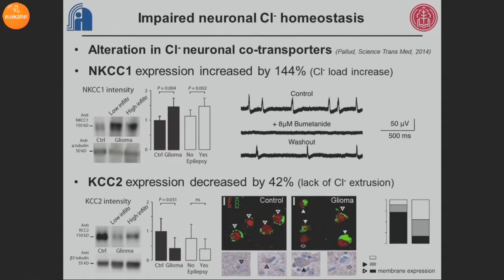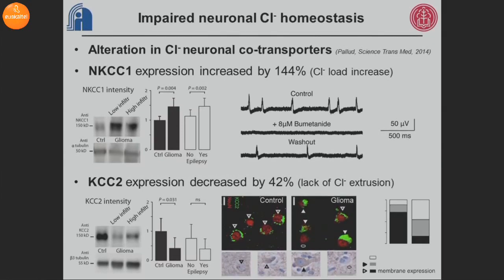NKCC1 is a chloride loader that accumulates chloride within neurons, and we show a decrease of KCC2 expression, and KCC2 is a chloride extruder. So the increase of chloride accumulator together with a decrease of chloride extruder induces a huge increase of chloride accumulation within neuronal cells, which explains why, following GABAergic signaling, we have a depolarization of pyramidal cells and not a hyperpolarization.